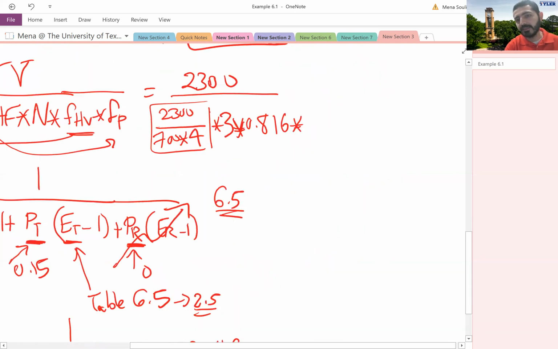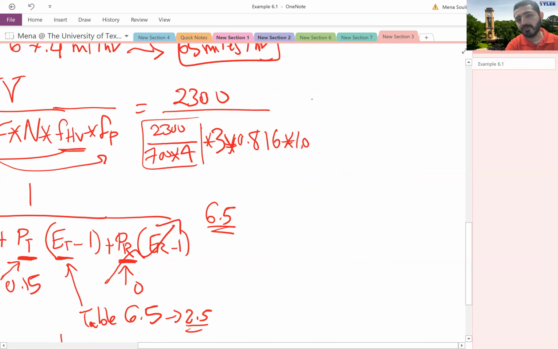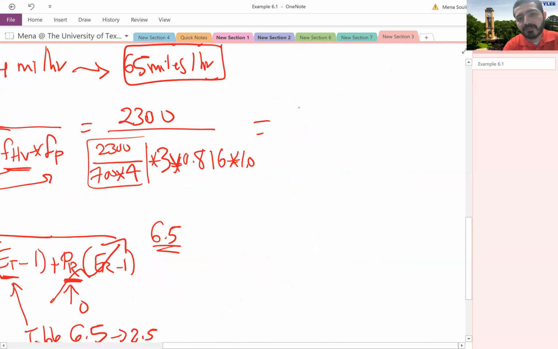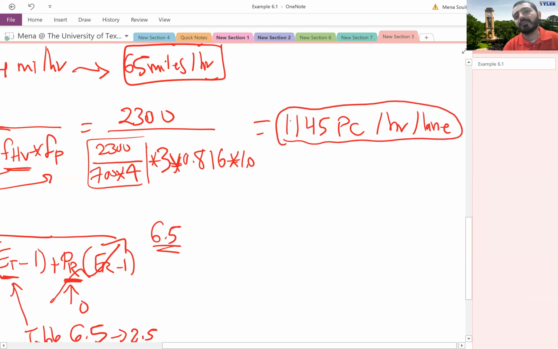So times 1.0, and therefore VP is equal to 1145 passenger cars per hour per lane. Really, what we're doing here is a conversion factor of all the trucks within the worst 15 minutes and the peak hour equivalency to get to this number, which is 1145 passenger cars per hour per lane.